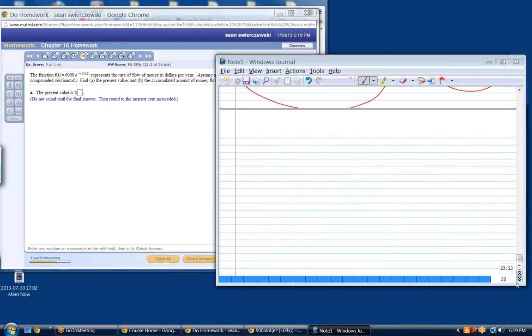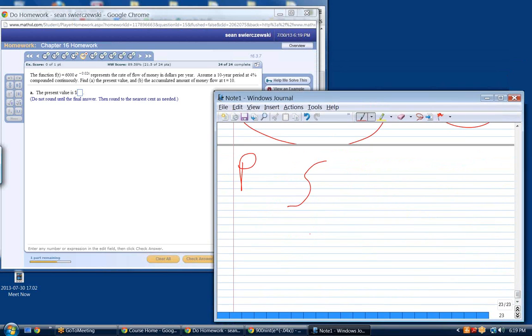So, we know the net present value is the integral from 0 to 10 of f of x times e to the minus rx dx.